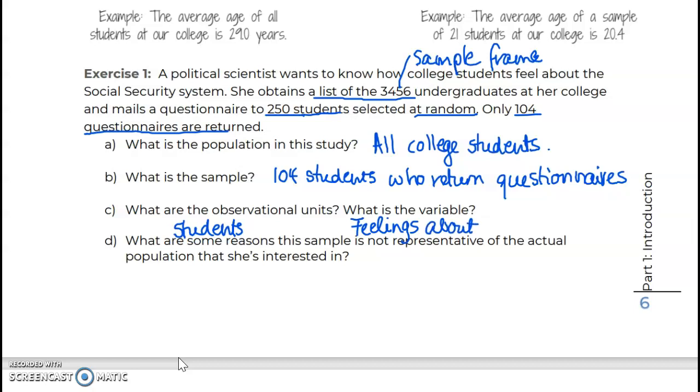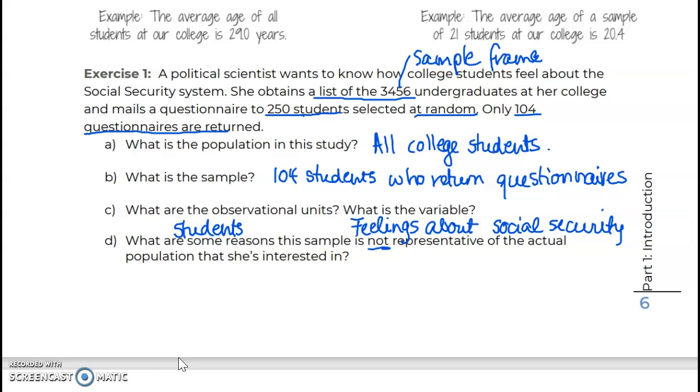And it doesn't state exactly what the questions are, so this is good enough over here. Now the last part, which is the most important part, is what are some reasons the sample is not representative of the actual population that she's interested in. So this is really digging a little deeper and asking, what are the problems with this sampling technique?